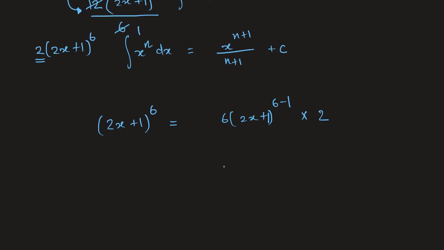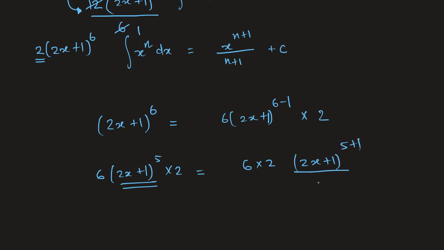Now we have 6 (2x + 1) to the power 5 into 2. When we integrate this part, 6 into 2 we keep aside, and integrating the function gives (2x + 1) to the power 5 plus 1, whole divided by 5 plus 1.